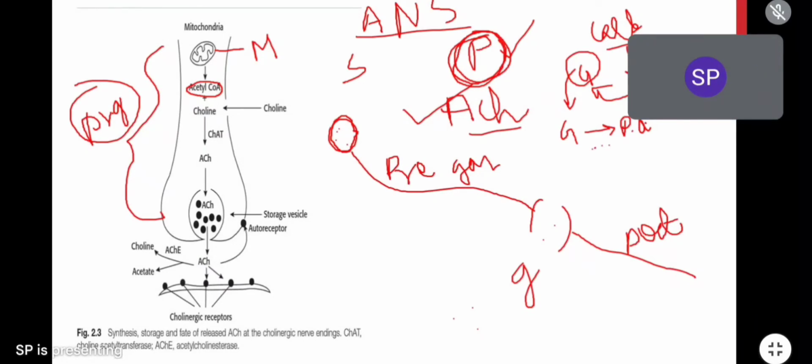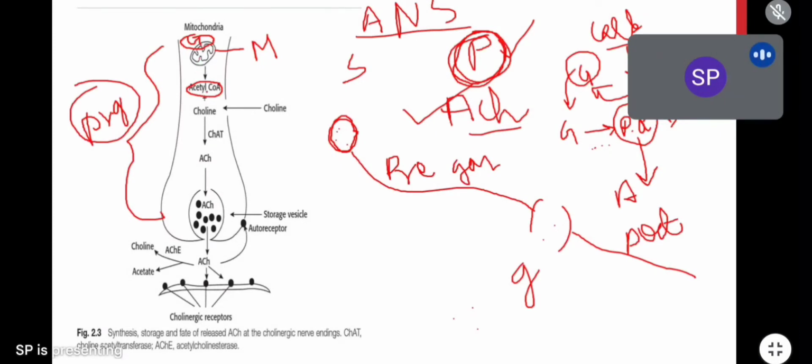This pyruvic acid enters into mitochondria, and finally it will be converted into acetyl-CoA. So acetyl-CoA is coming from glucose, or from the Krebs cycle.